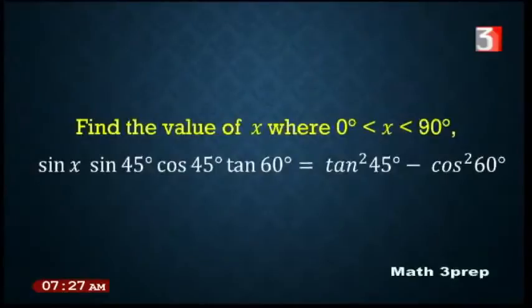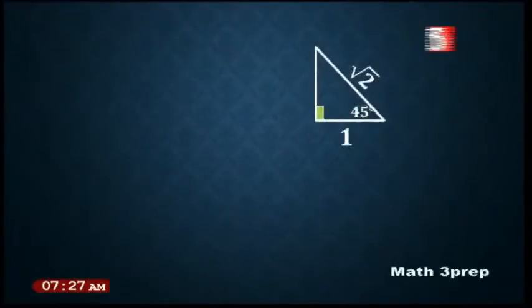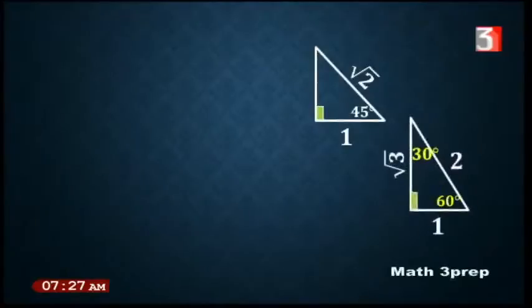First of all, you must draw the triangle with 45 degrees. The sides are 1, 1, and the hypotenuse is √2. Then what about the other triangle, which is the 30, 60 triangle? The side opposite to the 30 is 1, the hypotenuse is 2, and the third side is square root 3.